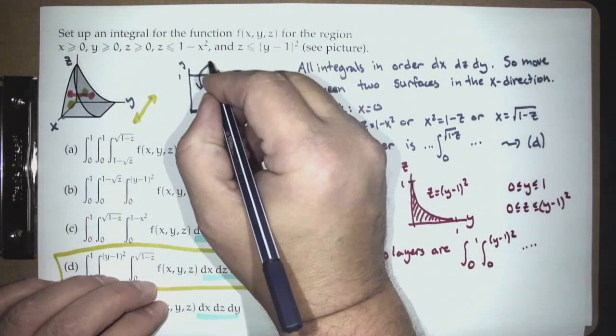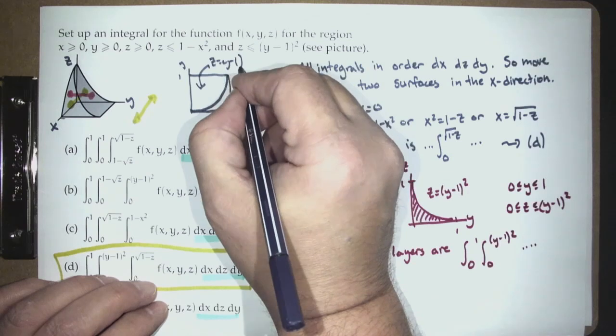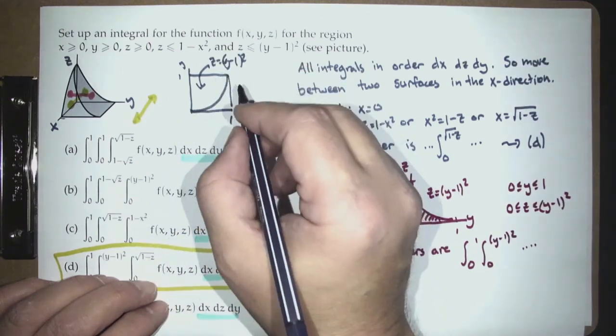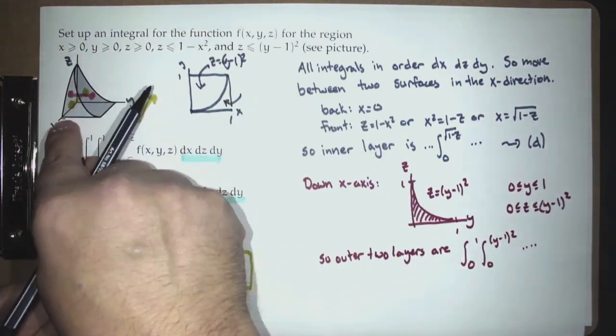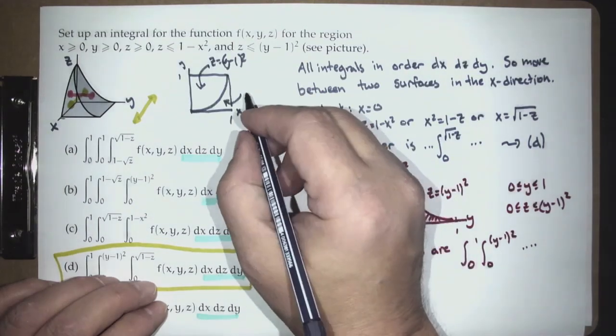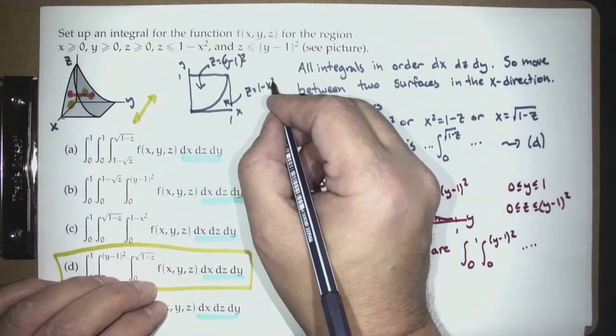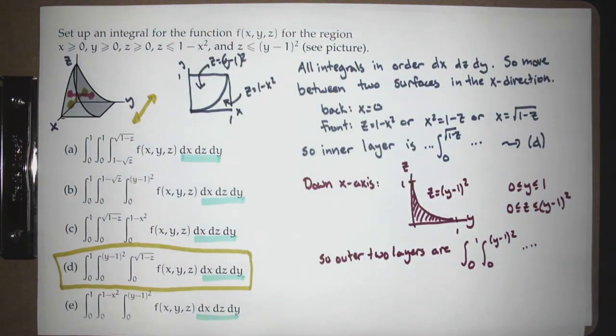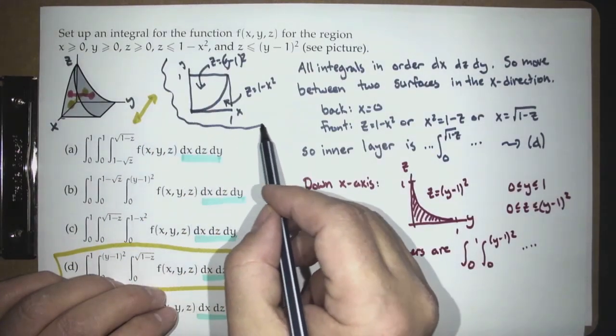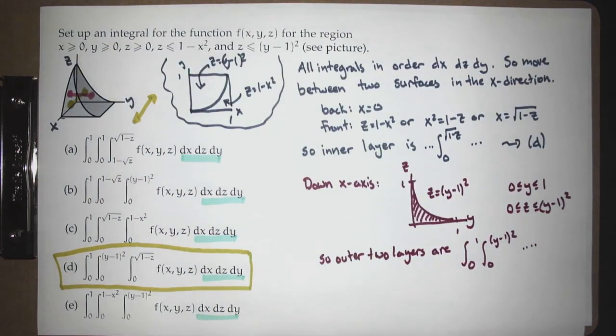So that's your surface z equals (y minus 1) squared. That's the bound above. In this piece, you get z equals 1 minus x squared. Which means if you were to have the inner layer be z, you couldn't do it as one integral. You'd have to break it up into 2 integrals. So there are less desirable ways.